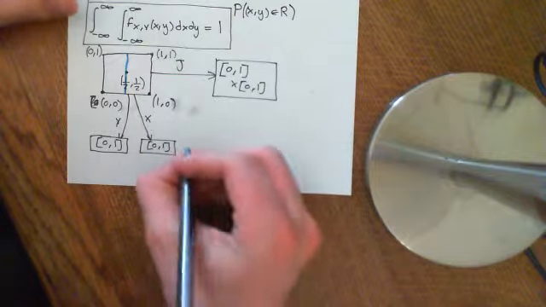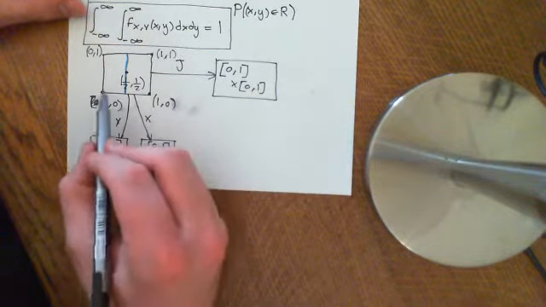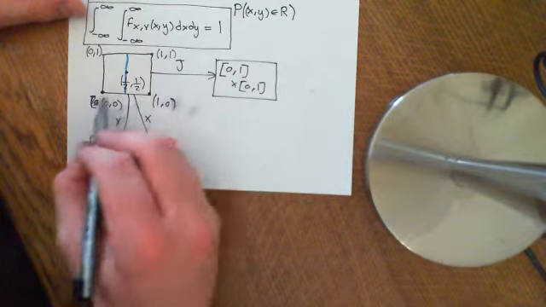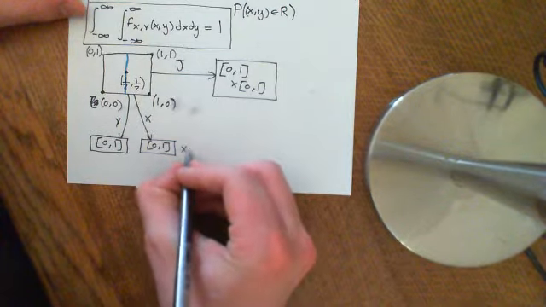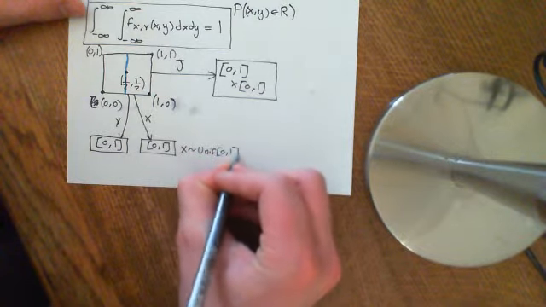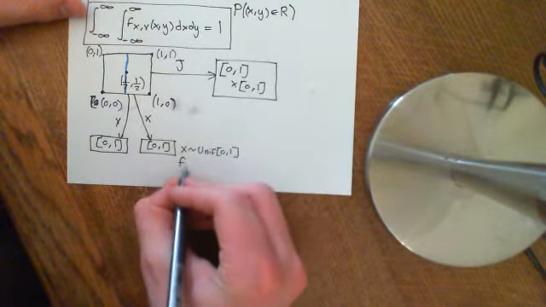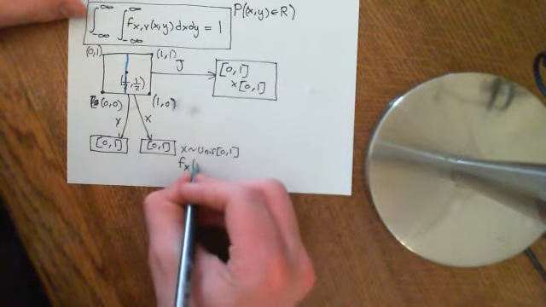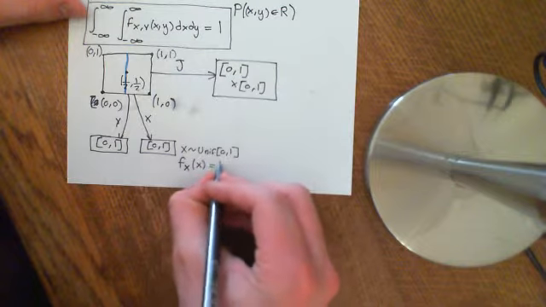What's its PDF? Well, it's going to be uniformly distributed because it's equally likely to take any x value. So we know that x is going to be uniformly distributed on 0, 1, and therefore it has marginal PDF f_X. So the marginal PDF of the random variable x as a function of little x is going to be equal to just 1.